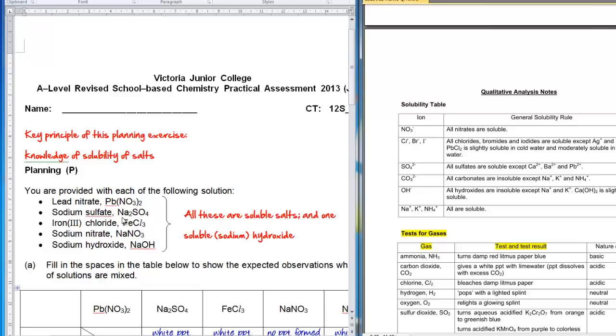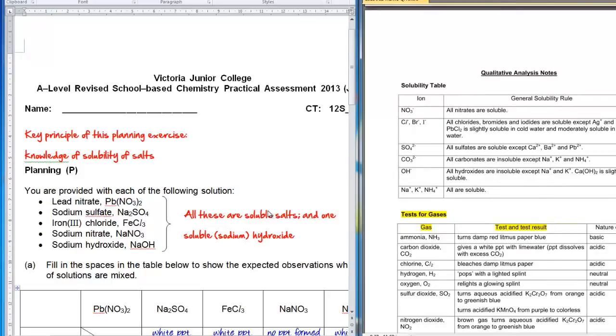You should quickly run through your mind the table, and go to the sulfate part, SO4 2-. It says all sulfates are soluble except for Ca2+, Ba2+, and Pb2+. So you know that sodium sulfate is soluble, and of course it will form a solution.